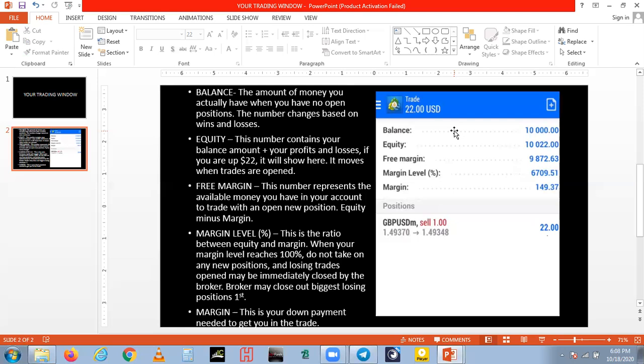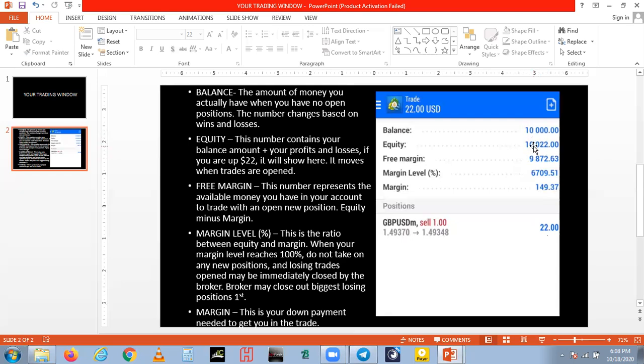So if you look at this GBPUSD trade, you sold GBPUSD and you're in profit of $22. In your equity, it's going to show your balance plus that $22 as your profit. What if you have red, that's minus $22? You're losing $22. It's going to show here as your balance minus that $22.